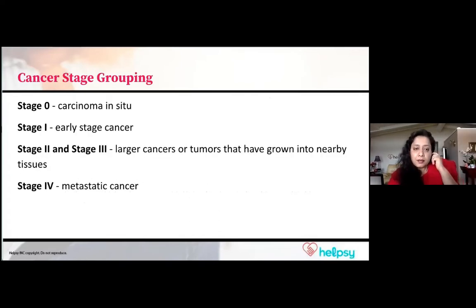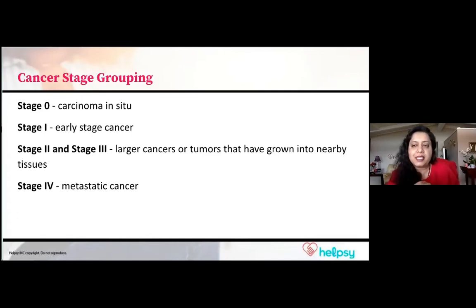The other way that staging is typically done is to say whether you're stage 0, 1, 2, 3, or 4. So here, 0 means that it's local, a particular area, it's very, very small. Stage 1 means it's just started, it's early stage, it's local in that particular area.